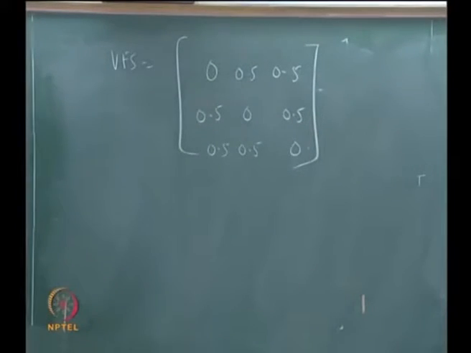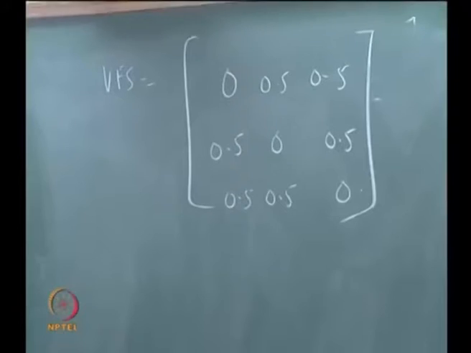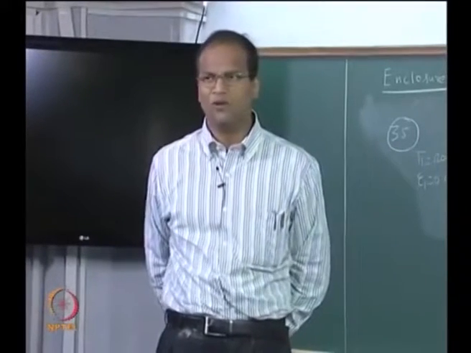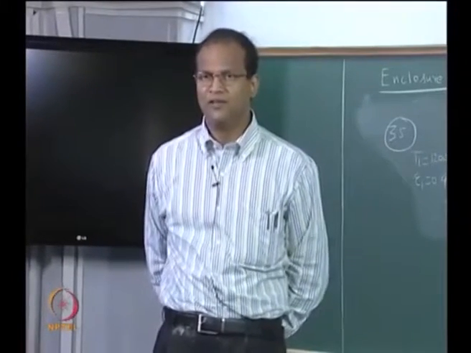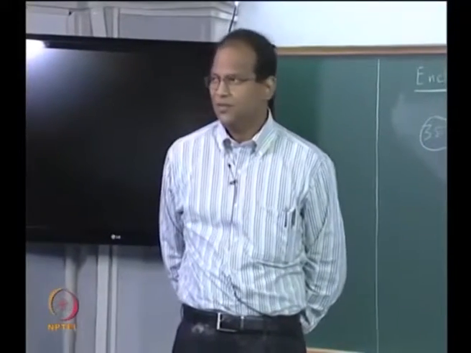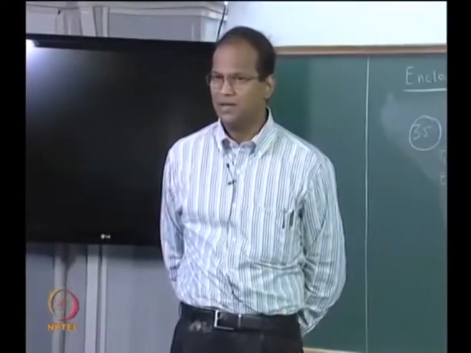Because it is an equilateral triangle, F11 plus F12 plus F13 equal to 1, F11 is 0, F12 equal to F13, therefore 2 F12 equal to 1, F12 is half, F13 is half. I do not have to compute A1 F12 if it is equilateral.